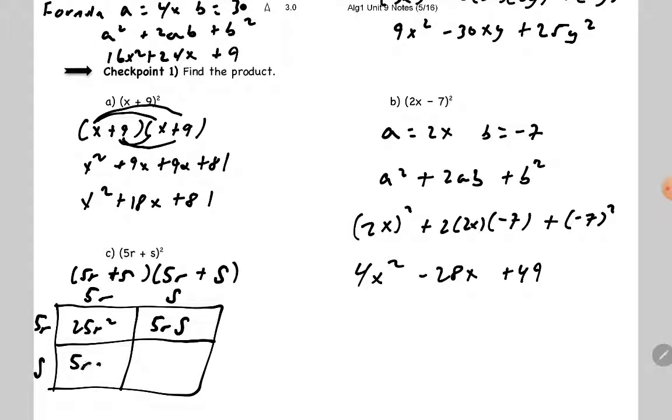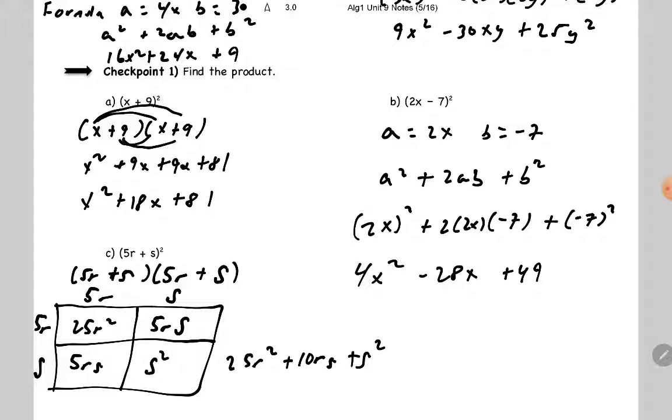So this is going to be 5rs. And s times s is s squared. Put it all together, we'll get 25r squared plus 10rs plus s squared.